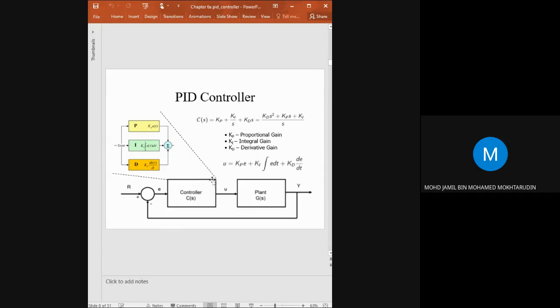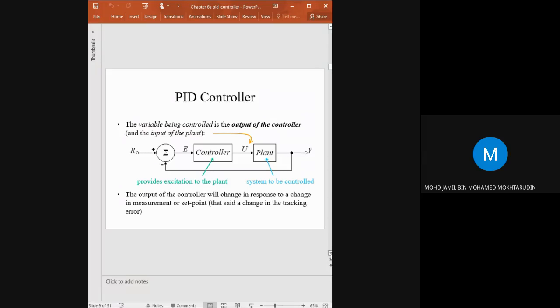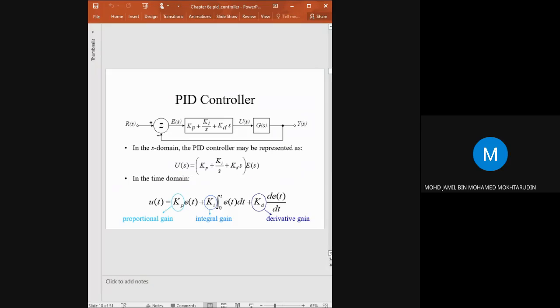Okay, so the PID controller, usually we symbolize the controller as a single subsystem, but in reality, the PID controller has three components: P, I, and D, arranged in parallel, and you sum them together and it becomes one controller. Okay, so this is the PID controller that I just explained.